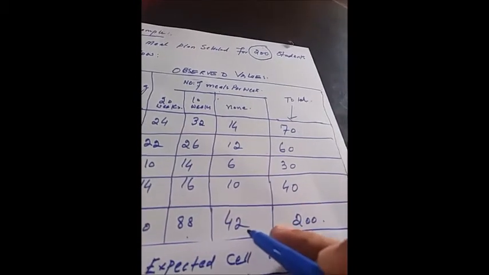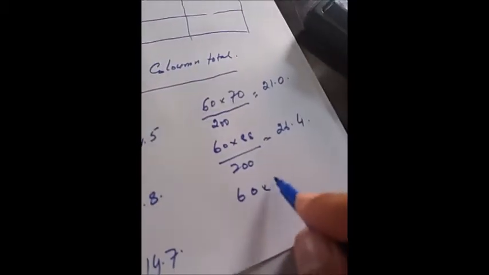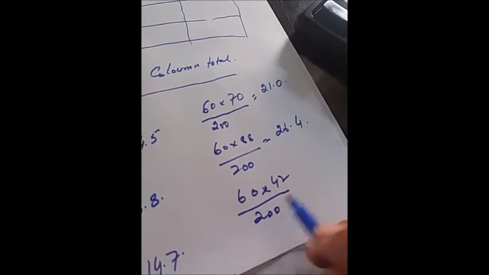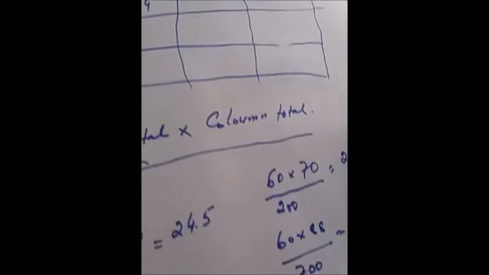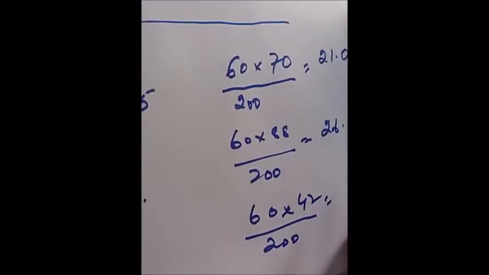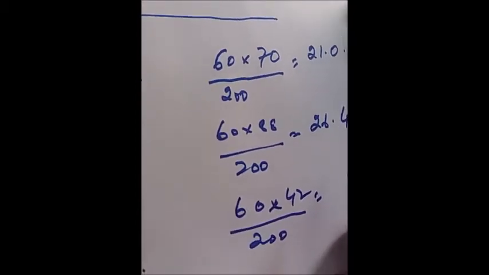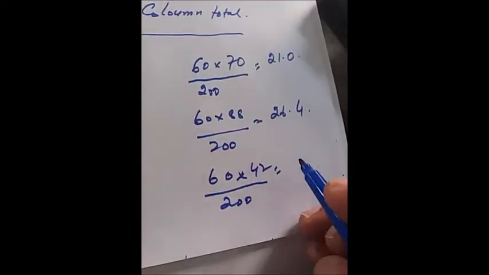Now for the none column, 60 multiply column total 42 divided by 200. So 60 multiply 42 divided by 200 will be 12.6.